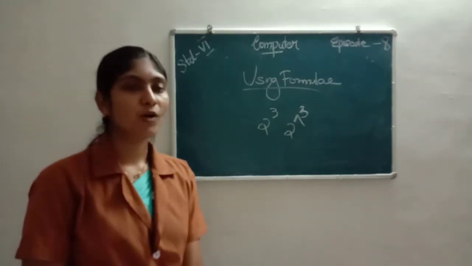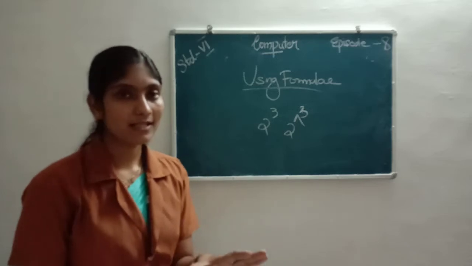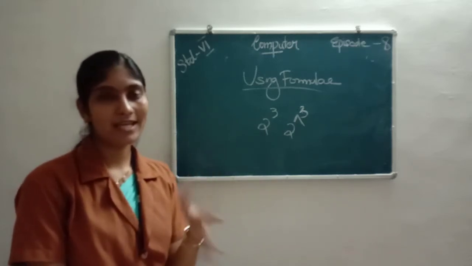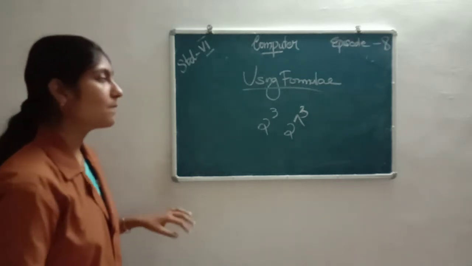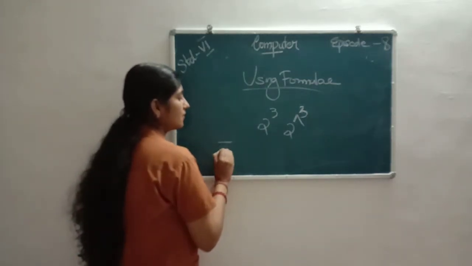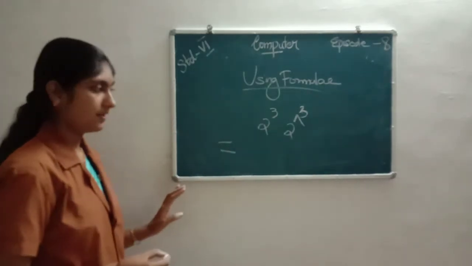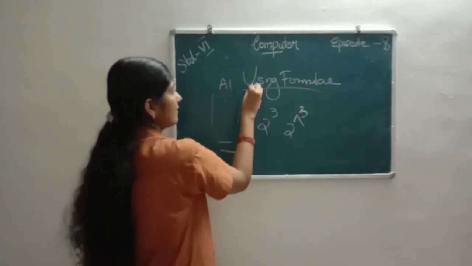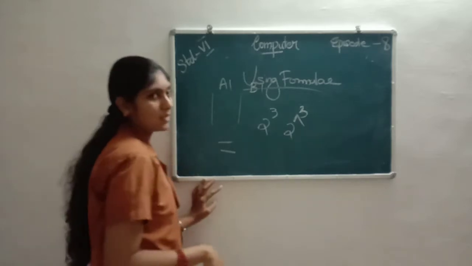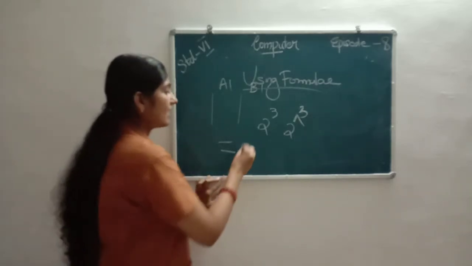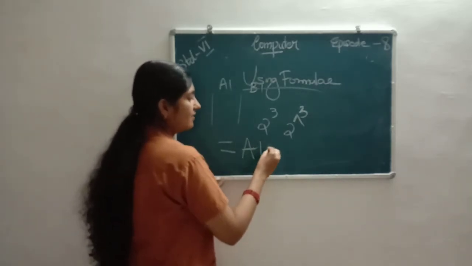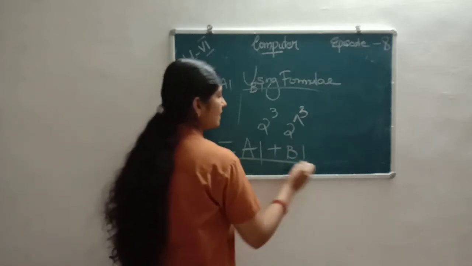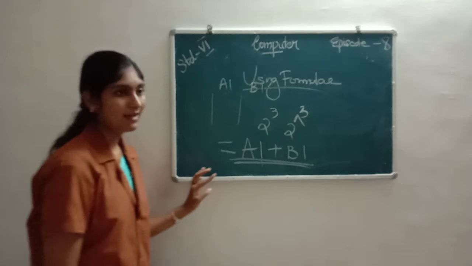Entering a formula means if you want to enter any equation for adding two numbers, first you must put an equal to symbol before entering the equation. For example, to add the two cells A1 and B1, put an equal to symbol before that and then type A1, then plus, then B1, so that it becomes a formula.